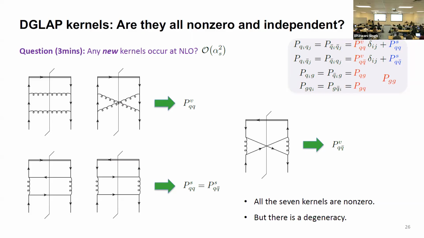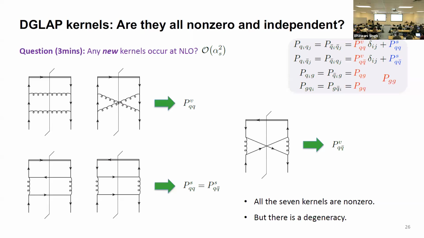So let's start with something simple. We can have a successive splitting, 2 gluon splittings for quark to quark, and these 2 gluons can cross. They don't change the quark flavor, so they still contribute to P valence, quark to quark.